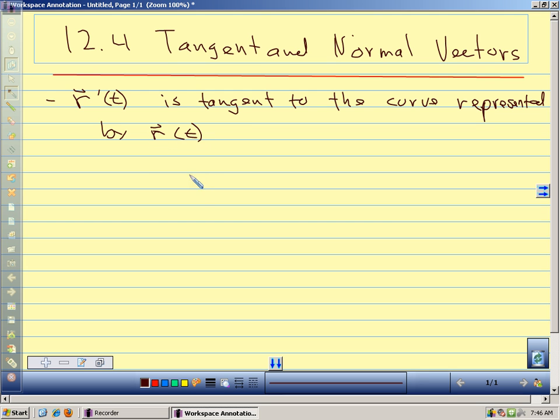And it points in the direction of increasing parameter.